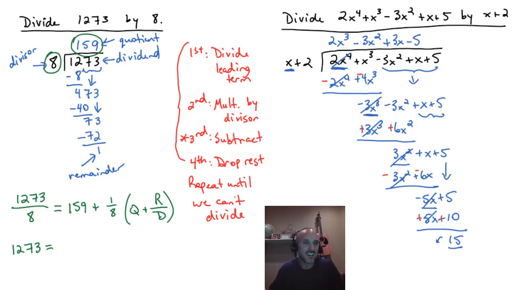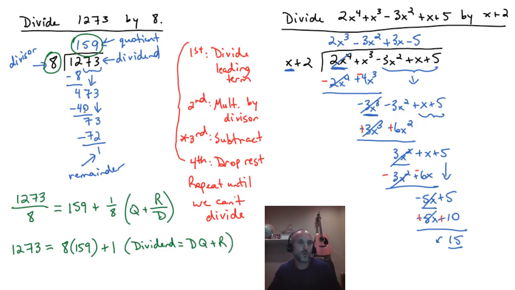So that means 8 times 159 gets us close to 1273, and I've got a remainder of 1, so I just tack on the remainder. If you multiply this out and add 1, you'll see that you do get 1273. So this is of the form dividend equals divisor times quotient plus remainder.